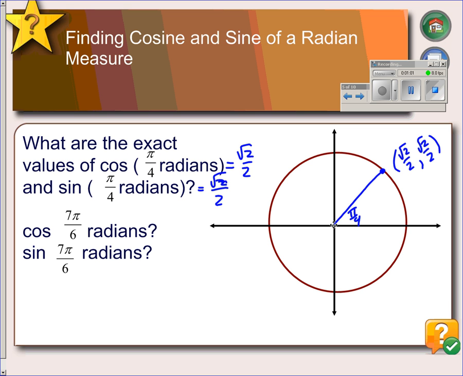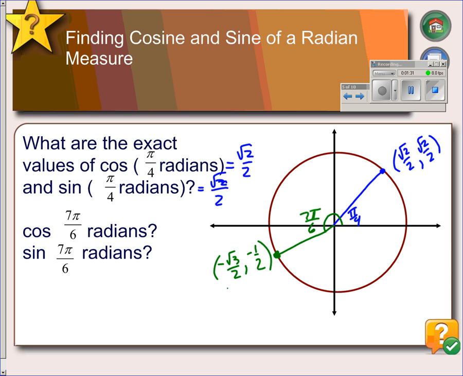In our second question, we're looking for 7/6 pi. So in the circle, 7/6 pi is 1 pi plus another 1/6 pi. So it's right about there. If you look on your unit circle for 7 pi/6, your coordinate here would be negative root 3 over 2 and negative 1/2.